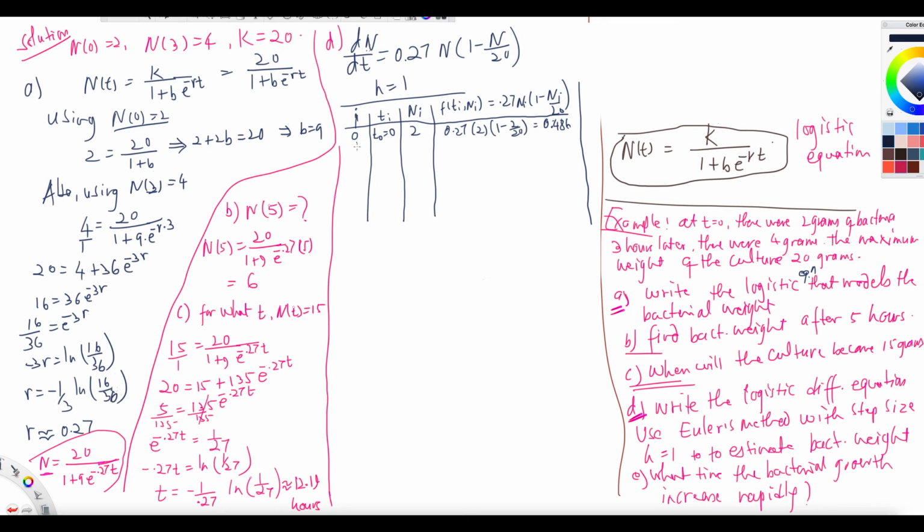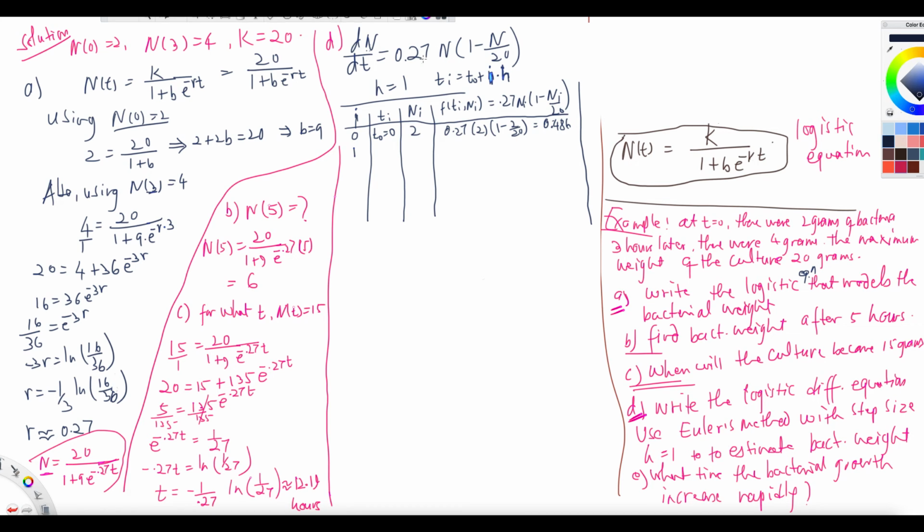Okay, so now when i equals 1, so t1 will be what? What is the formula for ti? Ti equals t0 plus i times h, not nh. That is the formula to find out the ti, right?